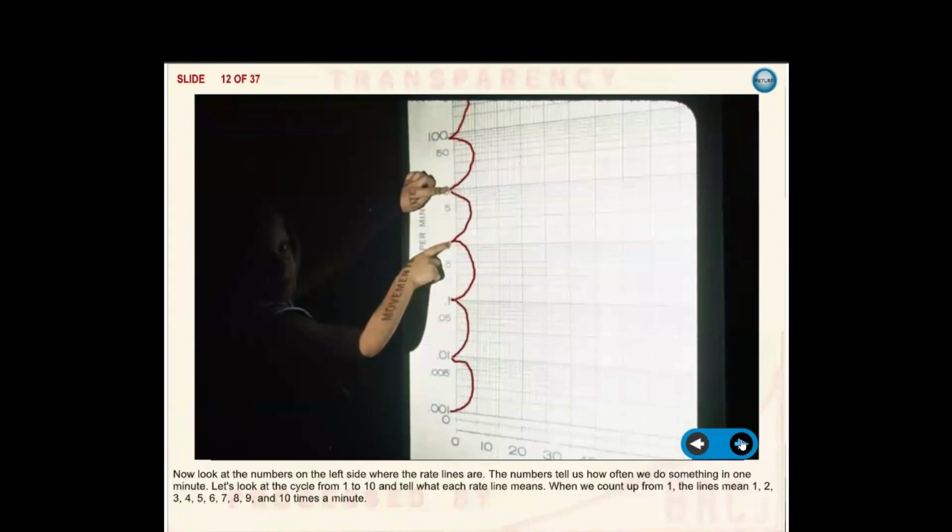Now look at the numbers on the left side where the rate lines are. The numbers tell us how often we do something in 1 minute. Let's look at the cycle from 1 to 10 and tell what each rate line means. When we count up from 1, the lines mean 1, 2, 3, 4, 5, 6, 7, 8, 9, and 10 times a minute.